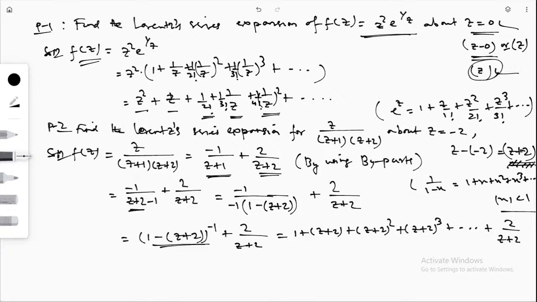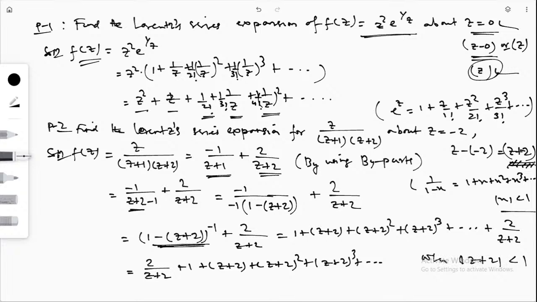So if I write it in the ascending order of z plus 2, first I will write 2 divided by z plus 2 plus 1 plus z plus 2, then plus z plus 2 whole square, then z plus 2 whole cube, like this. And I use this series expansion when mod z plus 2 is less than 1. So this is the region of convergence.